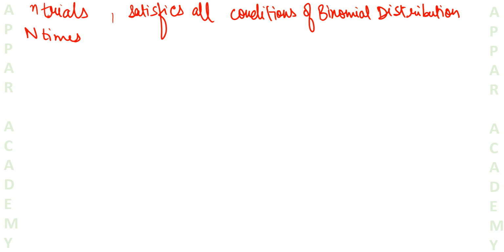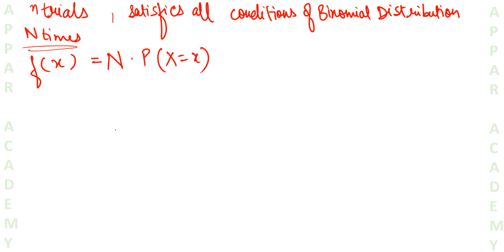Now if I want to find the frequency of x successes, this is given by a random function with the formula N, that is the number of times the experiment is repeated, into probability that X is equal to x. And why am I doing it? Because I know each and every experiment is independent, so I am simply multiplying it by N. So this is equal to N into P(X = x).